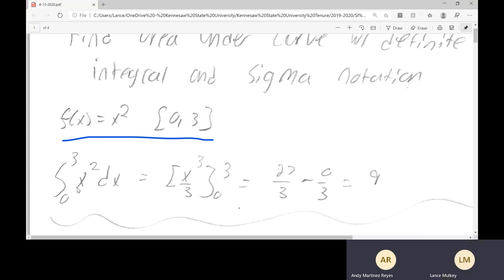That's where I write the antiderivative and replace the a and b. Yep. This right here, 0, comes here to the bottom. That's your left end. And 3 comes right there.